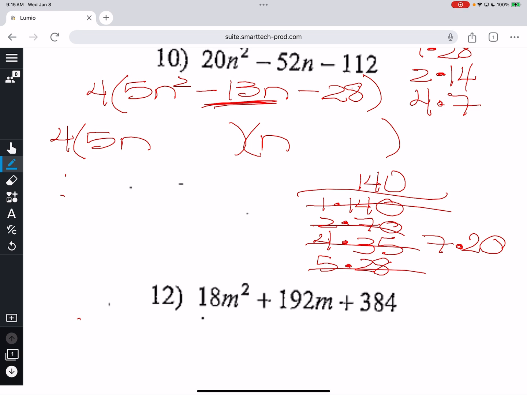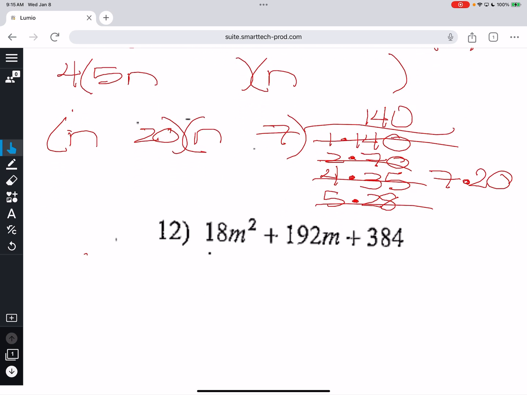If we're doing bottoms up, then I'm going to have an N and an N, and I can put a 20 and I can put a 7. And then from there, we're going to put the 5 back underneath.